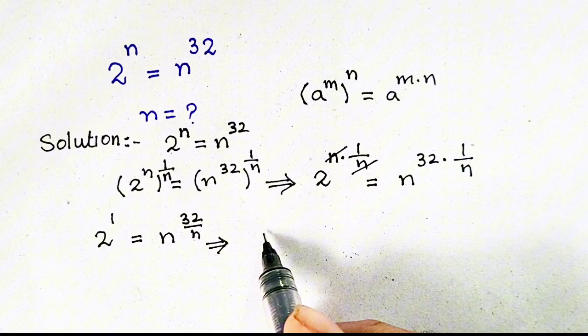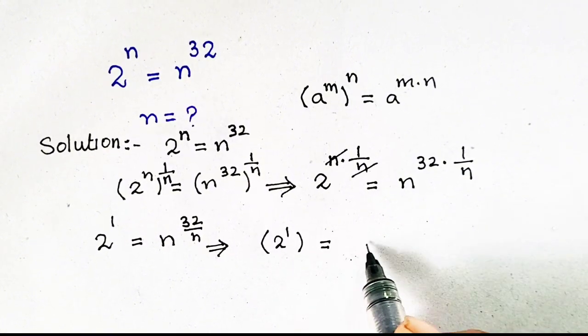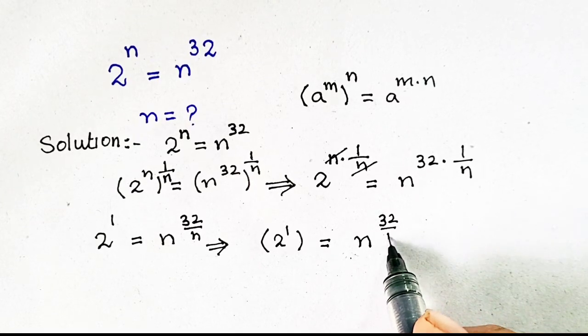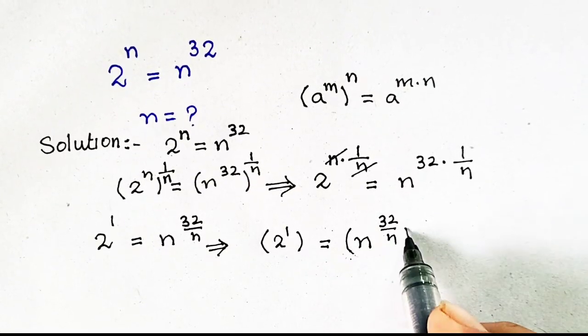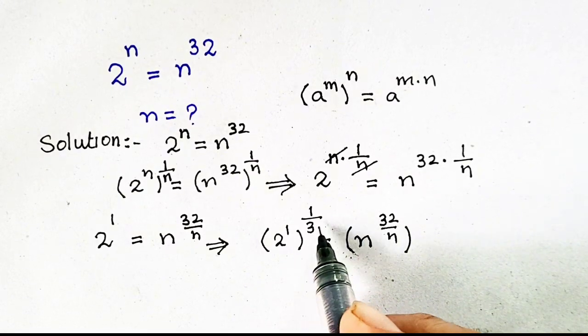Now next step is by taking power 1 over 32 on both sides. We will get 2 power 1 and other side is n power 32 over n. So both sides, now we have to take power 1 over 32.